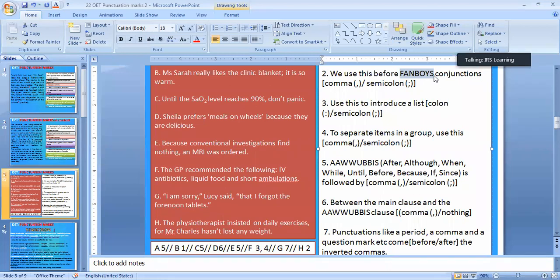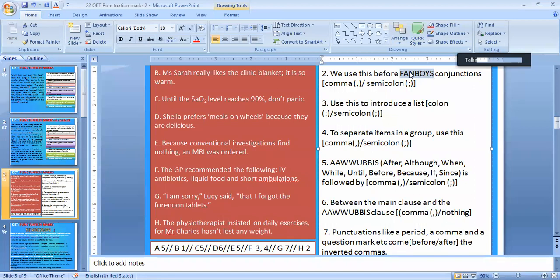These conjunctions are called fanboys. Similar to our avobis, which is also a conjunction. The difference is that avobis are subordinating conjunctions. Fanboys are coordinating conjunctions. That's the only difference. So these fanboys: for, and, nor, but, or, yet, so.